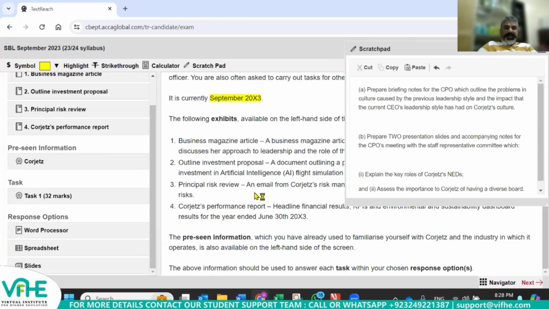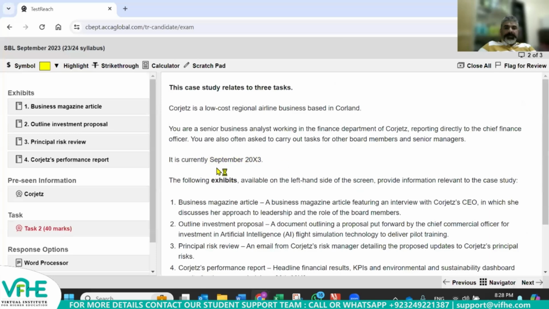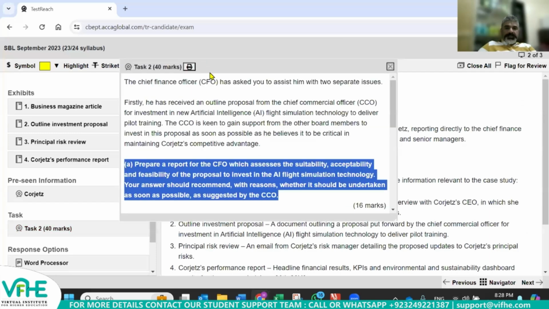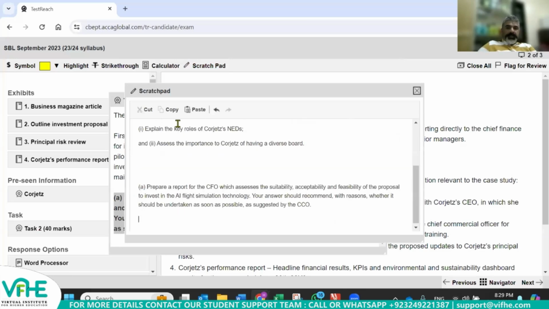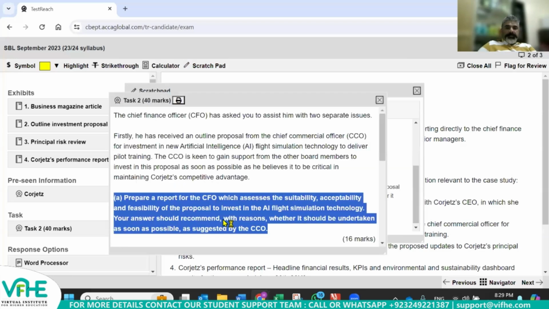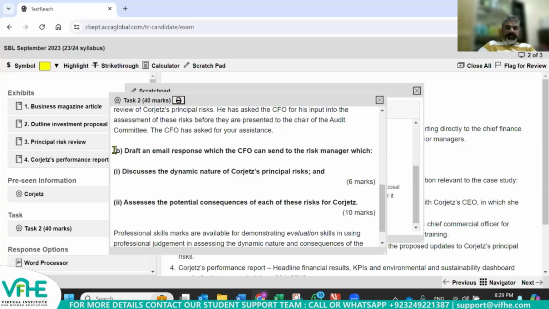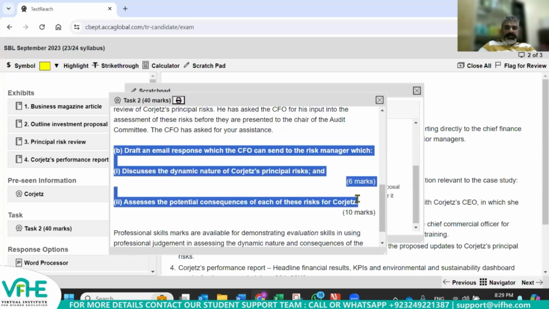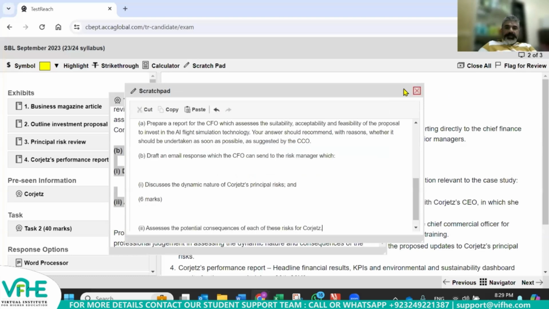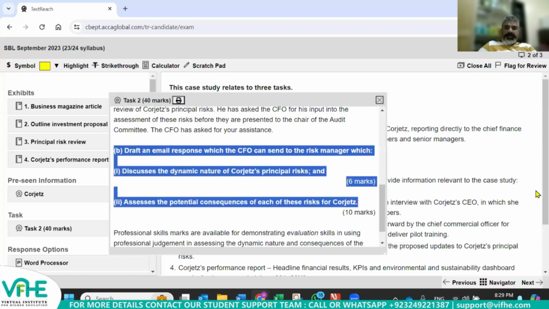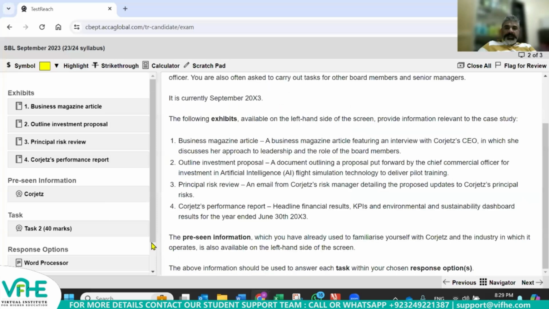This will take a maximum of 1 minute. Control C, where is the scratch pad? Here. And part B. All right, I will go to the third task.